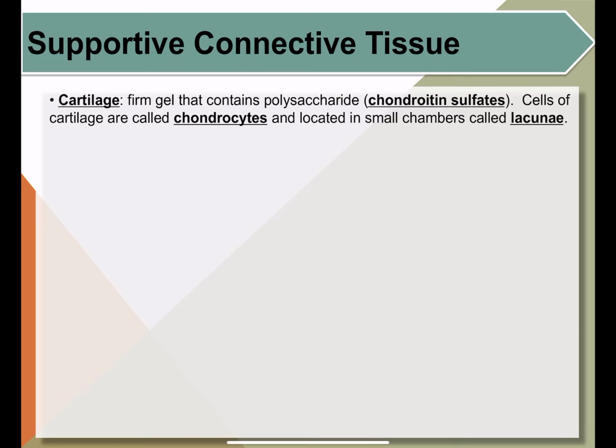And then the last type of connective tissue is your supportive connective tissue, which includes two general categories. You have cartilage and bones. So cartilage is a firm gel that contains a polysaccharide called chondroitin sulfates. Cells of the cartilage are called chondrocytes, like I was saying earlier with perichondrium.